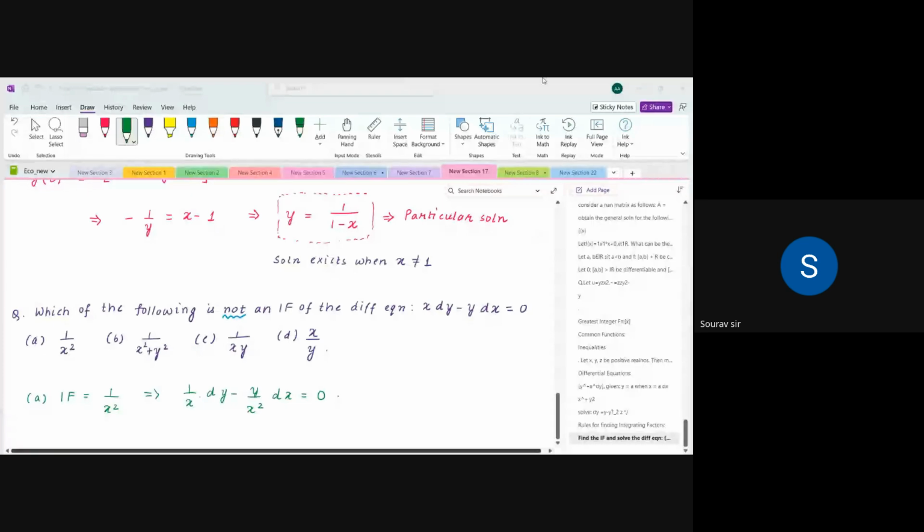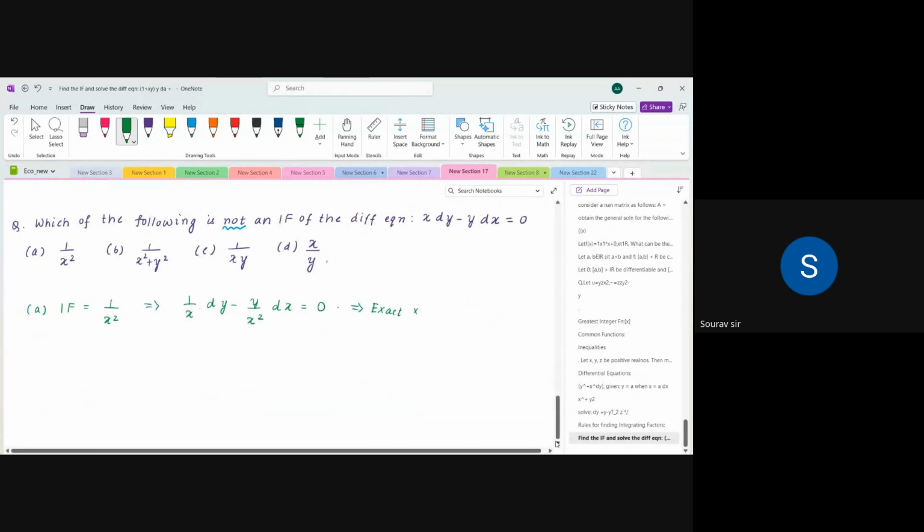Is it? Yes. Okay, perfect. So that means this option is out. So this is exact. What about option B?